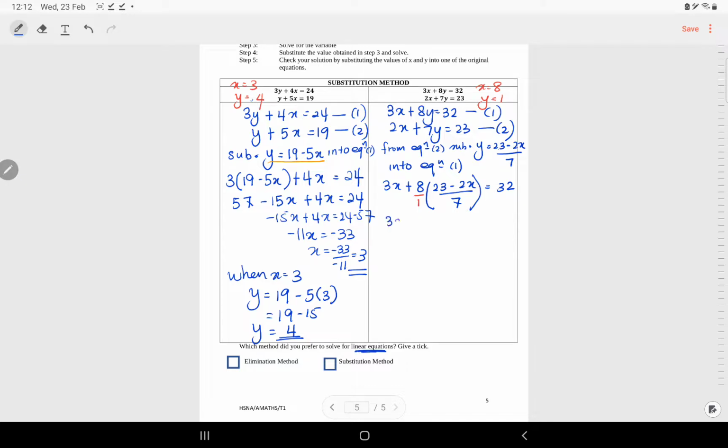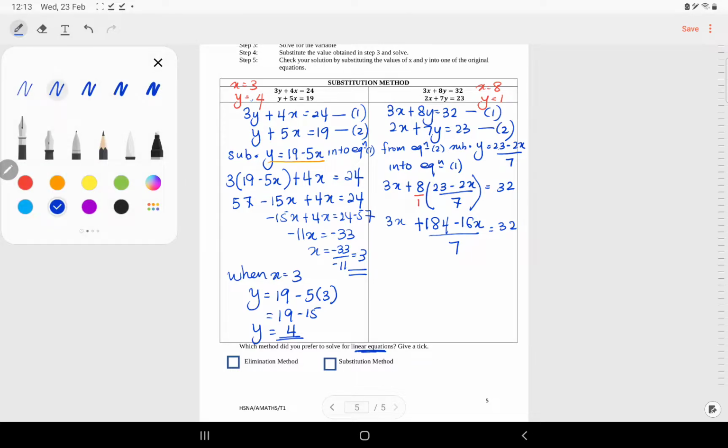Okay, so now 3x plus 8 times 23, that should give you 184. Yeah, 184, yes. So now 8 times negative 2x, that will be 16x over 7 equals 32. Alright, and then next bit is that I will make it the same denominator.